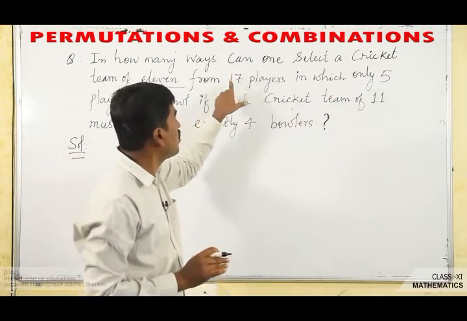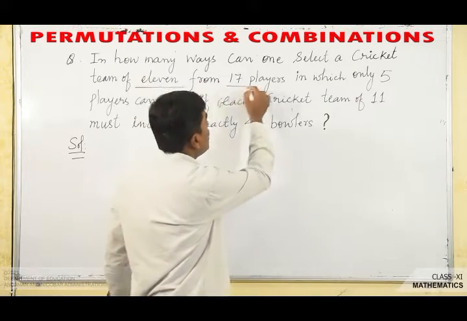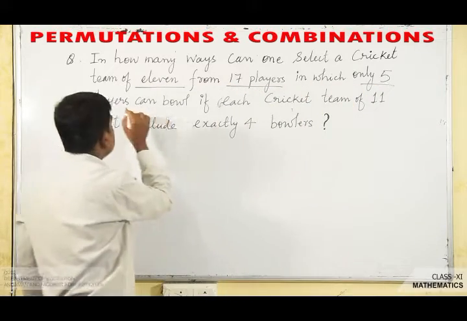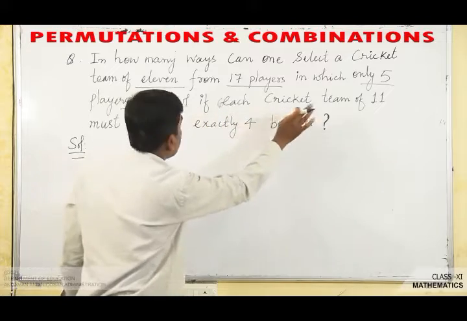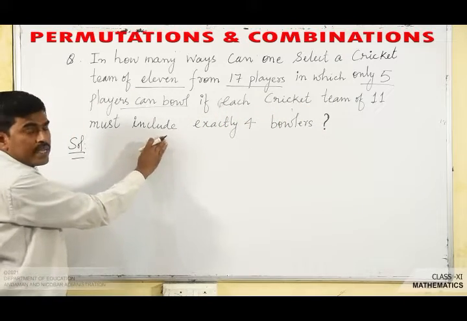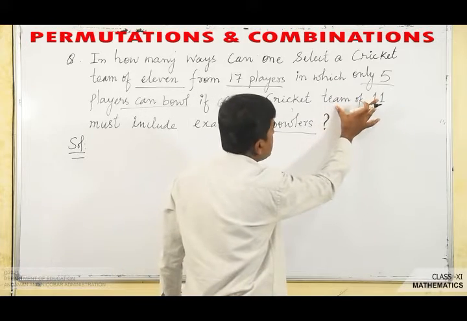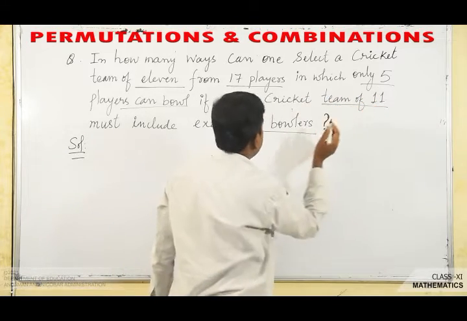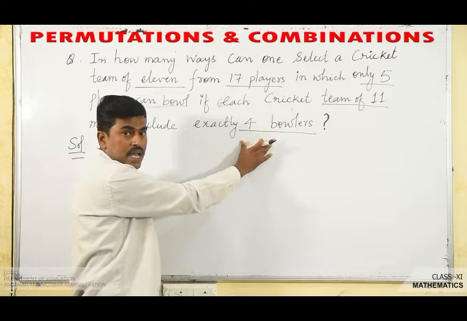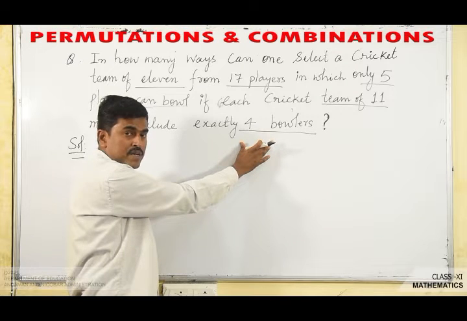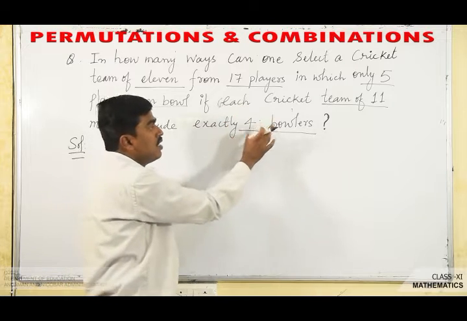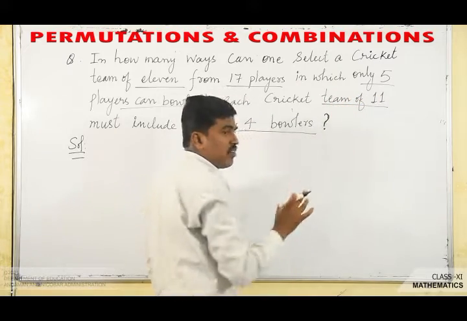That means out of these 17 players, only 5 players can bowl. If each cricket team of 11 must include exactly 4 bowlers, that means there must be exactly 4 bowlers in each of these cricket teams of 11.